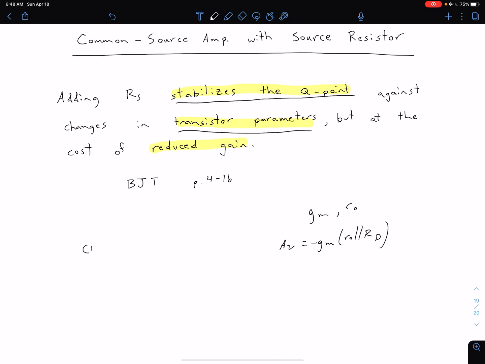So if we have some circuit 1 over here and some circuit 2 over here with different gm values, gm1 and gm2, and r01 and r02, and of course we have thousands of these, we wouldn't want them to behave differently just because of normal variability in process parameters. By adding this source resistor, we're going to make our circuit a little more robust and a little more stable as those parameters are changing.